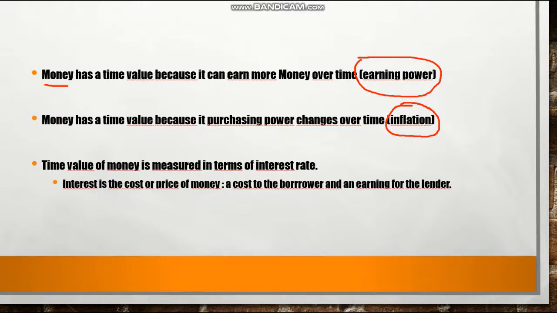And also, the time value of money is measured in terms of interest rate, as I depicted right now. Interest is the cost or price of money for the borrower and an earning for the lender. So if we explain one by one, we say money has a time value because it can earn more money, depending on the opportunity.